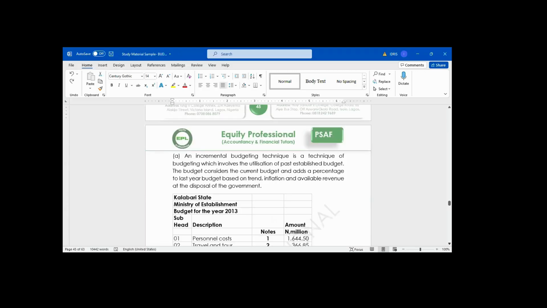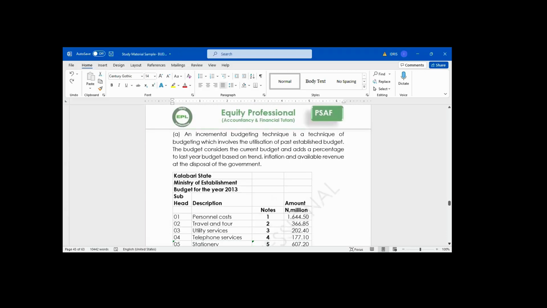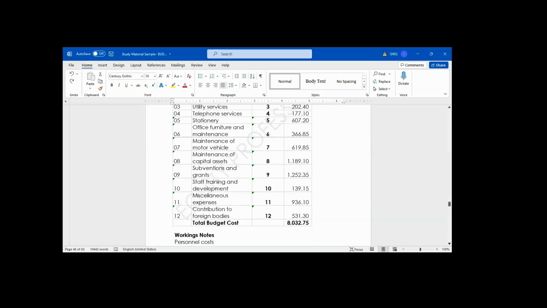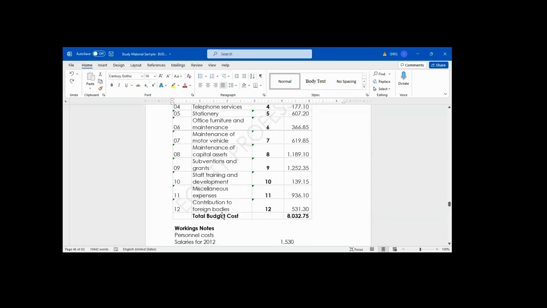So at the end of the day, you will add all your budget together. You can see the working note. I did a working note on how I get them. So your total budget for 2013 is going to be 8,032,750,000, because they are in millions.